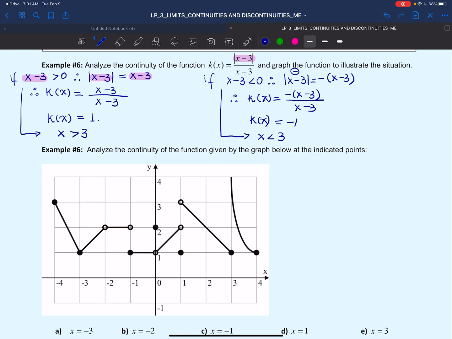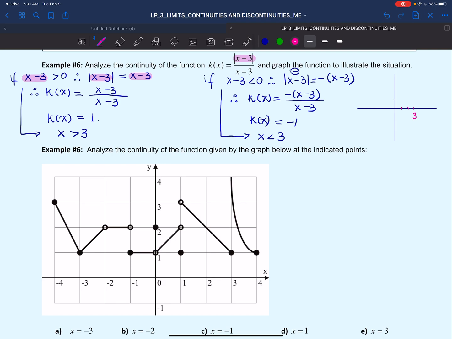If we were to draw the graph of this function, then we would say the following. Number 1, at x equals 3, the function will be undefined. Number 2, for x values bigger than 3, the y values stay constant and equal to 1.